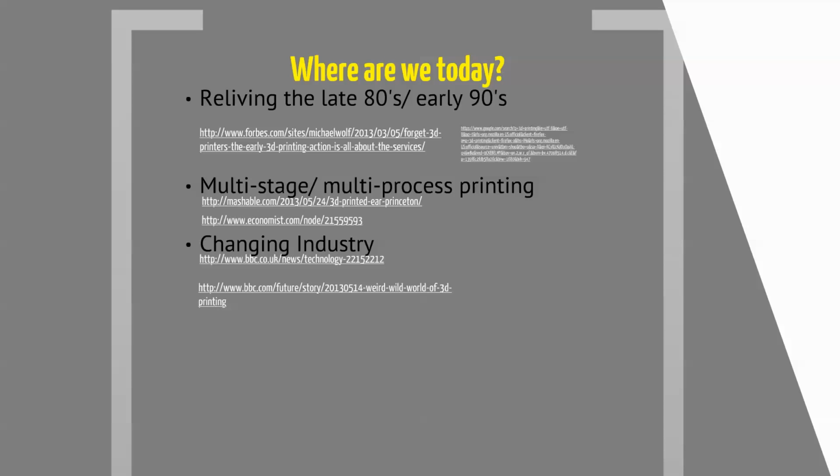And then once again, how is it changing industry? Well, there are many reasons and different things that are being impacted by 3D printing. For example, right now there's a company in the Netherlands that is actually looking into 3D printing houses, especially houses there in Amsterdam on the canals, and they're also looking at 3D printing cars.